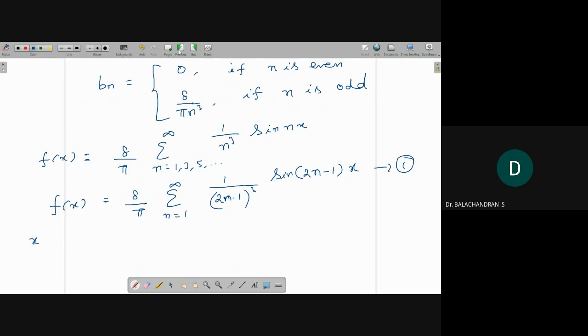Substitute x equal to pi by 2. Yeah, x equal to pi by 2. Okay, so let's try in equation 1. We know that x equal to pi by 2 is a point of continuity.